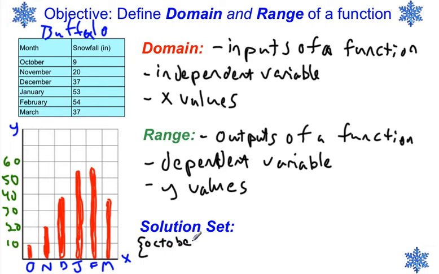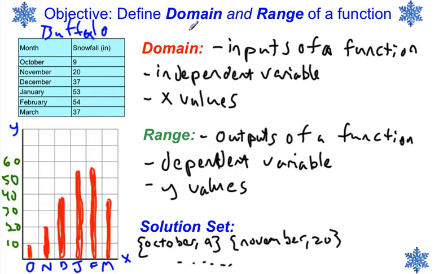These are months, so we have October, and the y value, the output we expect for October, is 9. So that would be a way to write this as a corresponding pair. November, we could write as, for November, the input would be November, obviously, and then the output we could expect would be 20 inches of snow. And we could repeat that for all the other inputs.